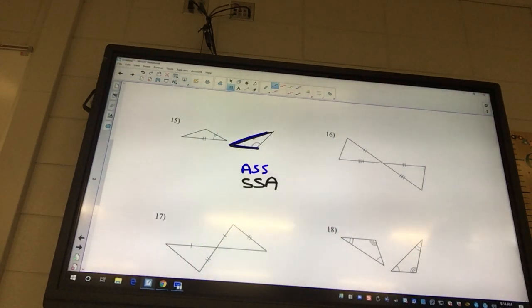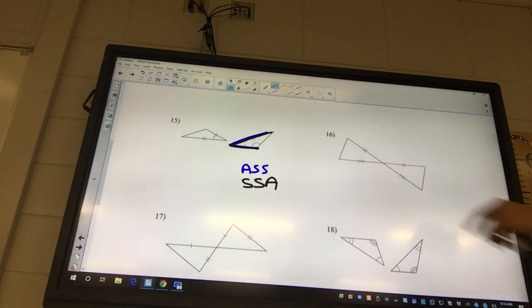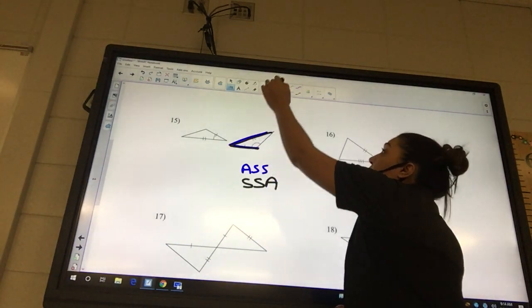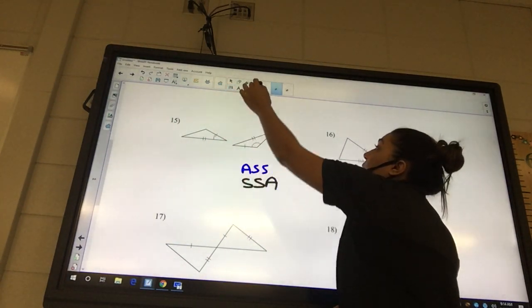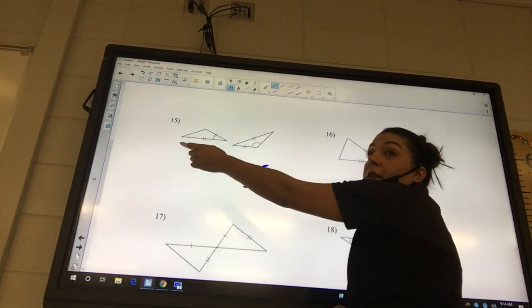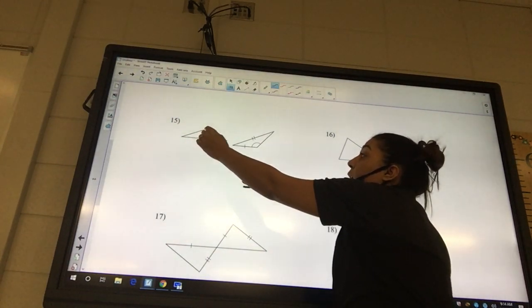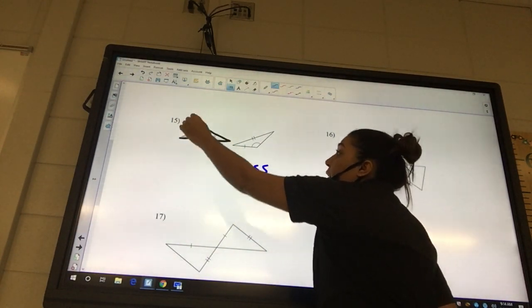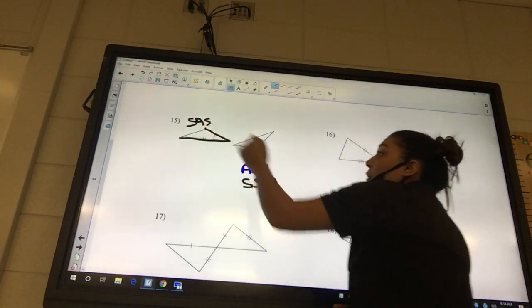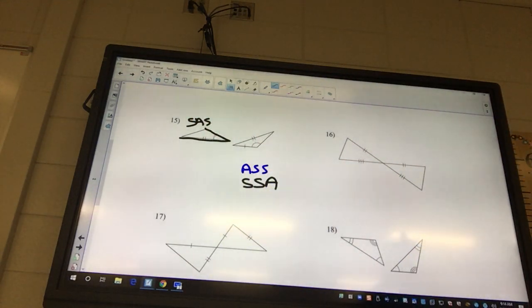Okay, and so this is one of the tricky ones. So does it work on this? Could you do side, angle, side? Can you do side, angle, side on this one? Yeah, look, so we got side, angle, side. Does it work on that one? No, the side, angle, side means that the angle needs to be in between those sides.